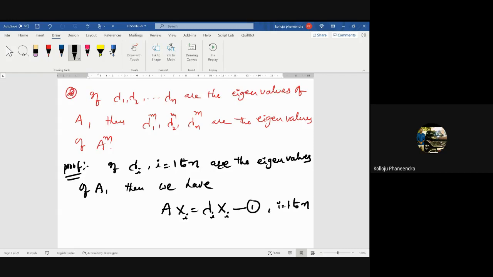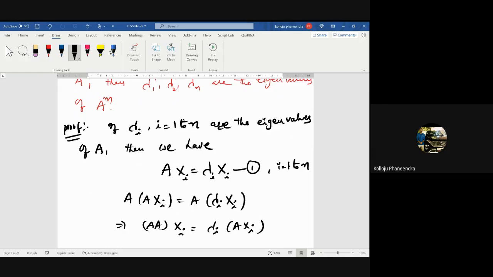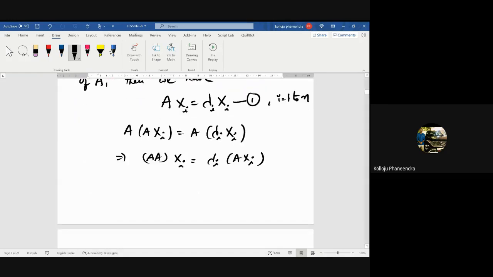Remaining everything is the same. Next, pre-multiplying by A, exactly the same as the above proof. So this is A into A xi equal to lambda i into A xi. What is A xi from equation 1? Lambda i xi. So A square xi equal to lambda i into lambda i xi.